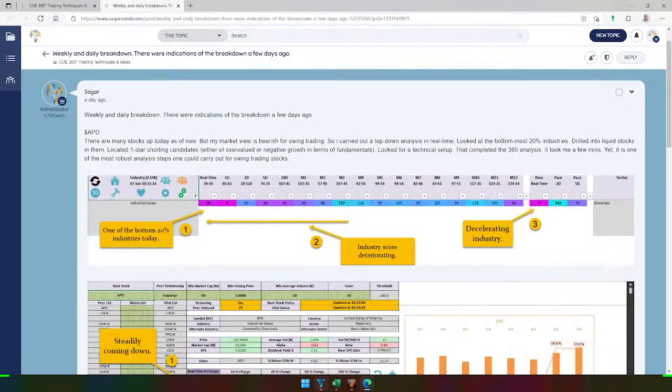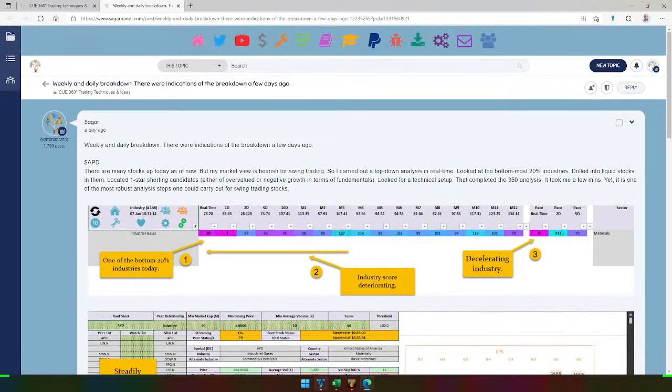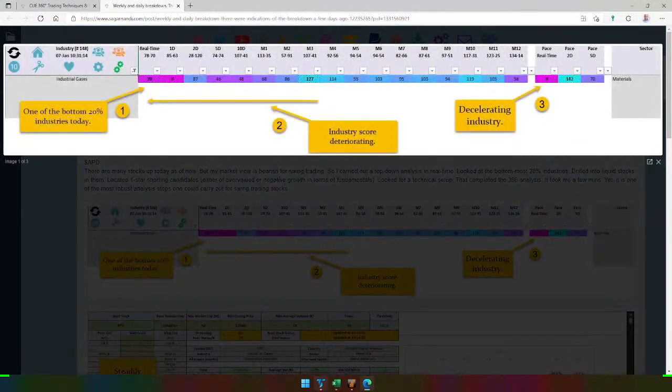Okay, that's good. Now let's look at APD. This I shared on Jan 7th, so maybe Friday. Is it Friday? Yes, it's on Friday. Let's look at the stock. In the morning session, 10:30 a.m. yesterday, I shared APD analysis. Its industrial gases was weakening with deceleration, so I could short APD.